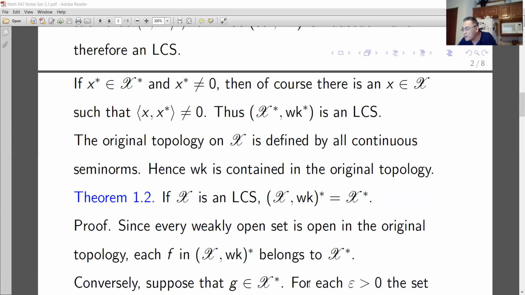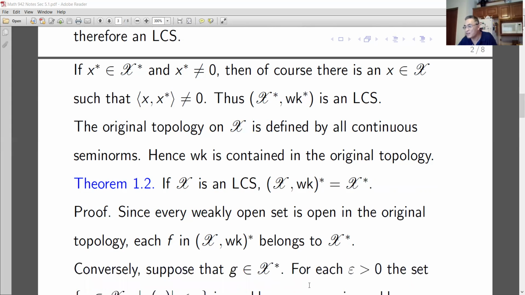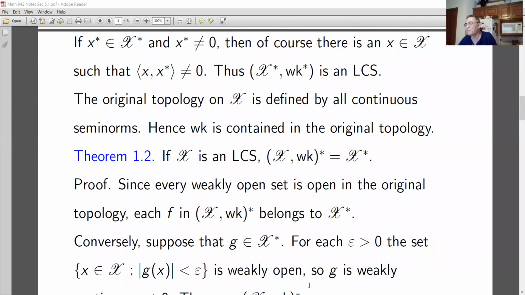For each epsilon greater than 0, the set is weakly open. Let's see why.